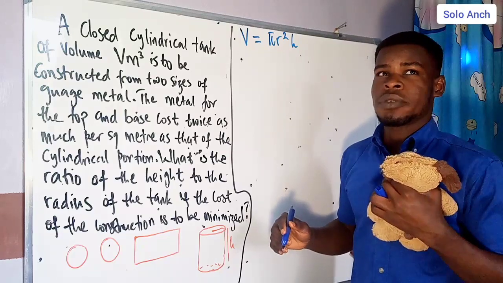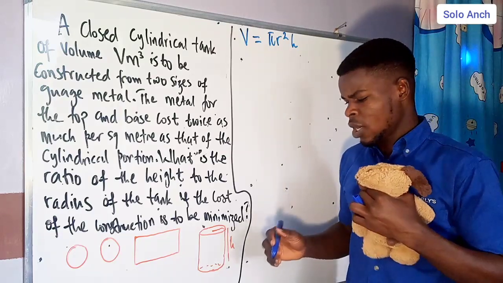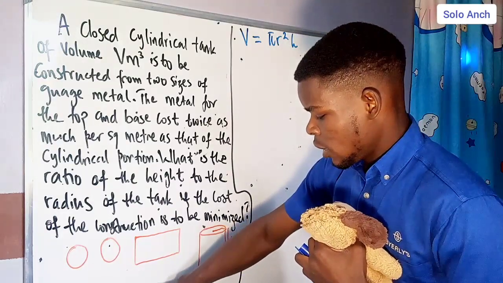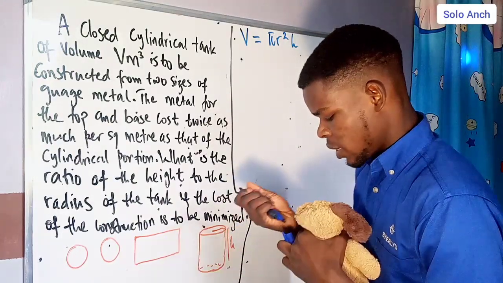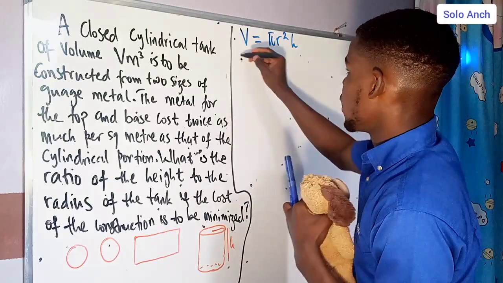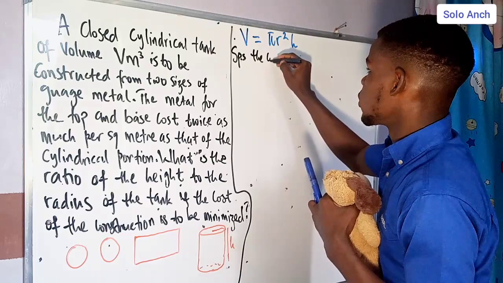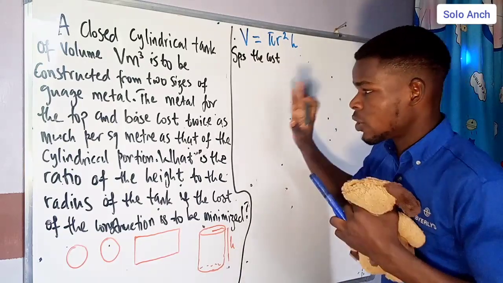Then we want to look at the formula for finding the cost, but we are not given anything for the cost. So let's suppose that the cost is a certain value. Take note, what cost?